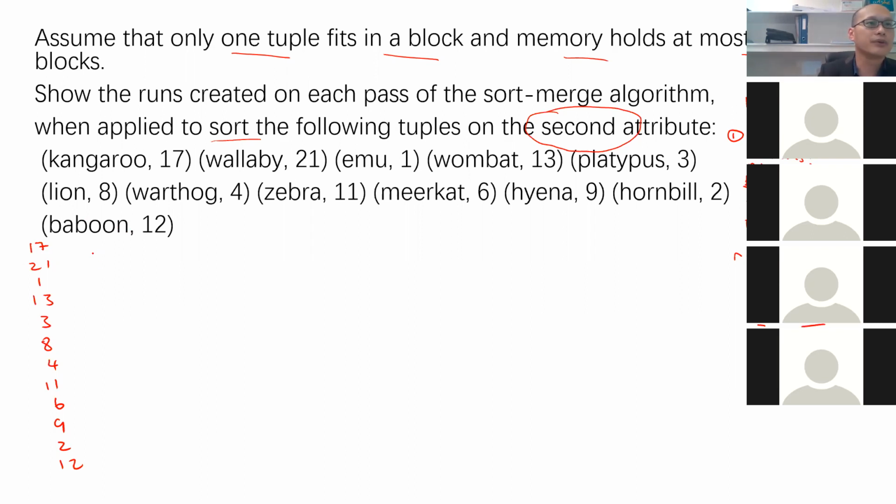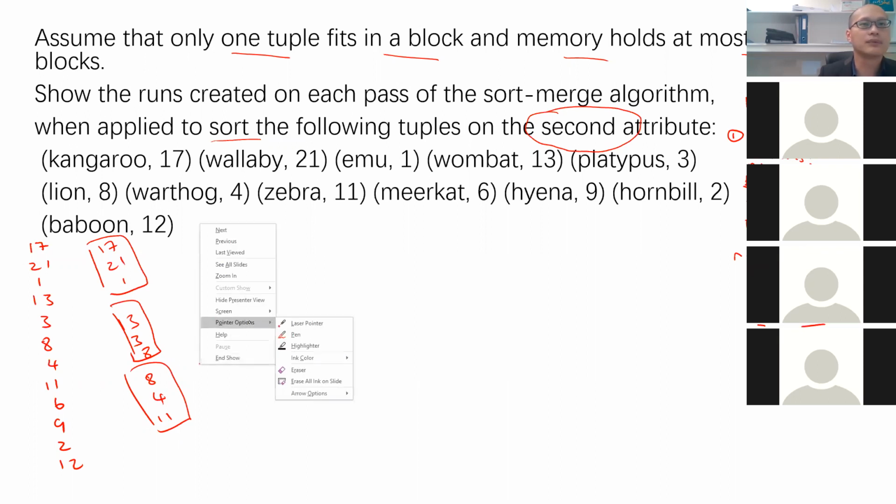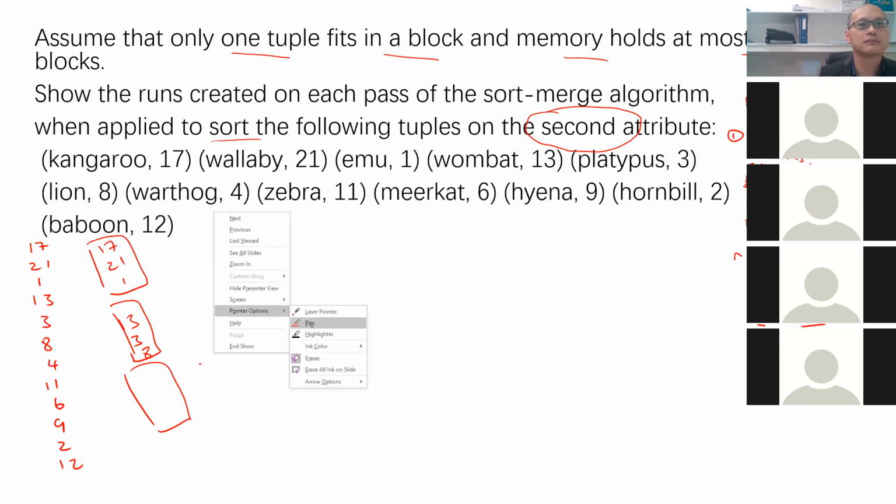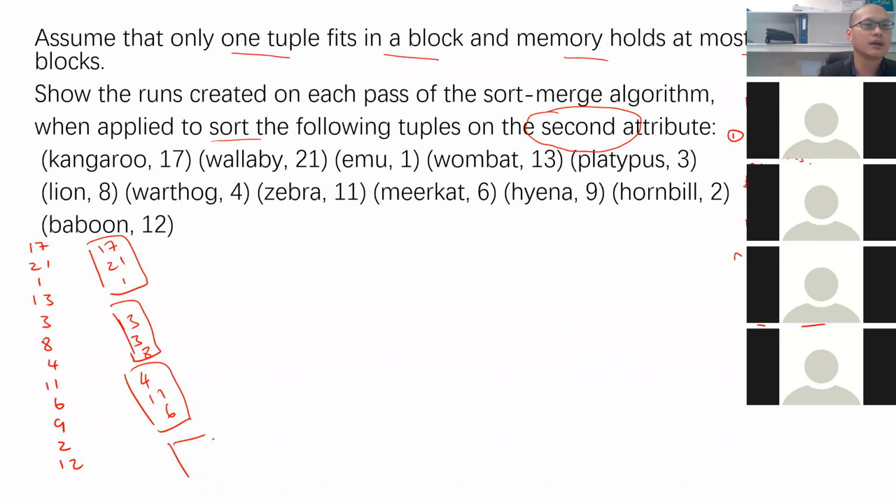So what will happen is I'm going to have 17, 21, 1, 13, 3, 8, 4, 11, 6, and 9, 2, 12.